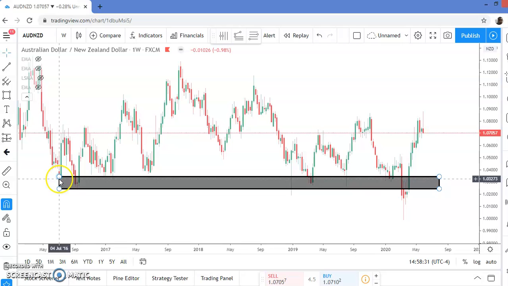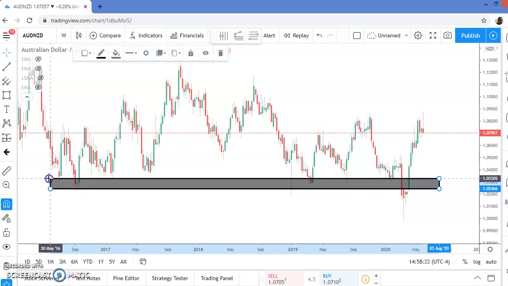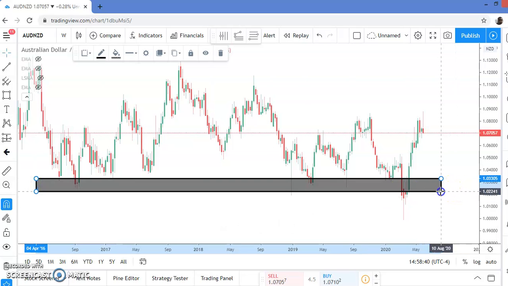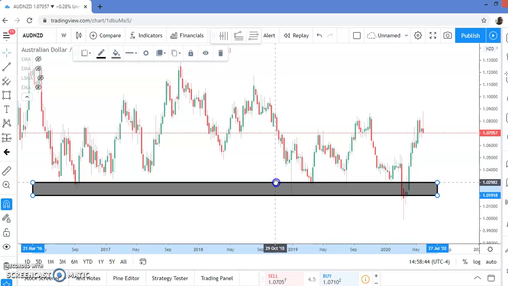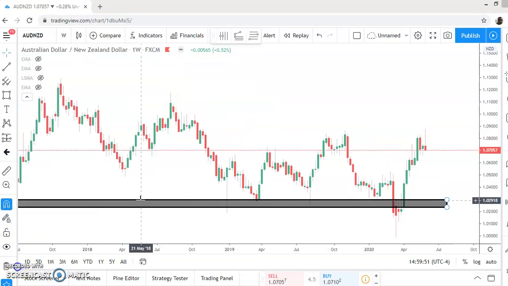Now what you will also find with support and resistance is that these are zones. They're not exactly a specific point. So just know that within this area, or within this zone, within this channel, this is where the reverse or the pullback could potentially take place.